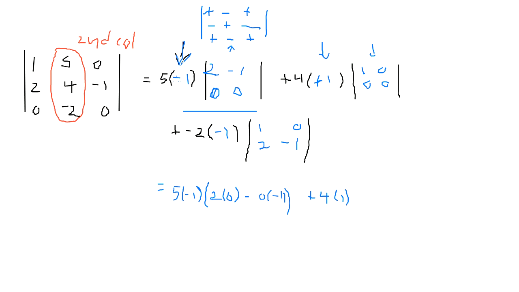The determinant here for the second cofactor is 1 times 0 minus 0 times 0. And then finally, I'll keep everything in there, -2 times -1. And for this determinant here, we're going to have 1 times -1 minus 2 times 0.